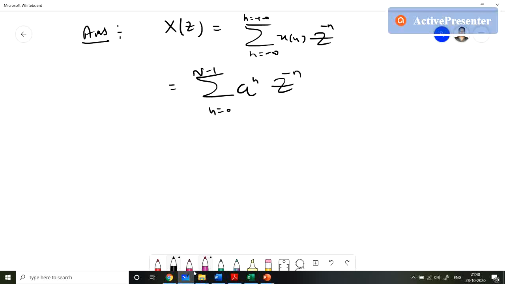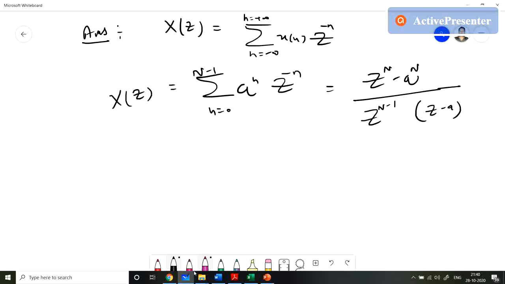Now this is a finite geometric series, so the solution is z^N minus a^N divided by z^(N-1) times (z minus a). So this is X(z), that is the Z transform.